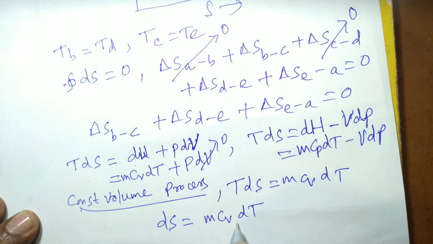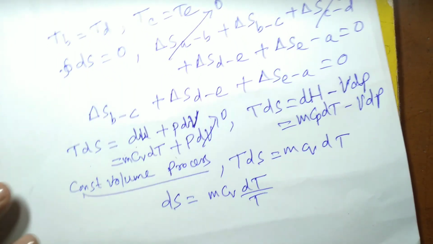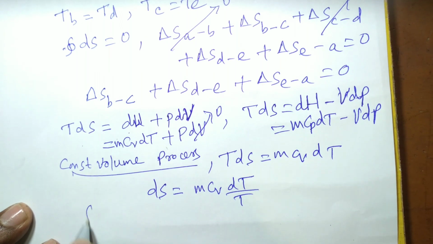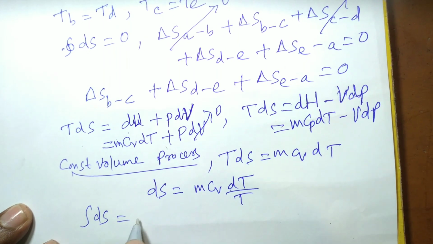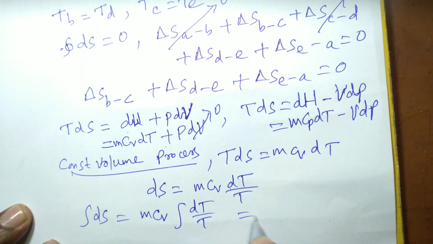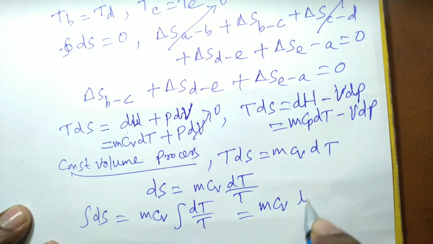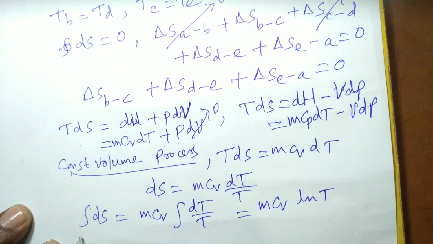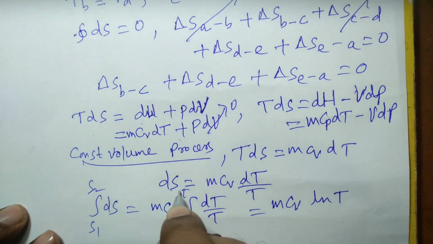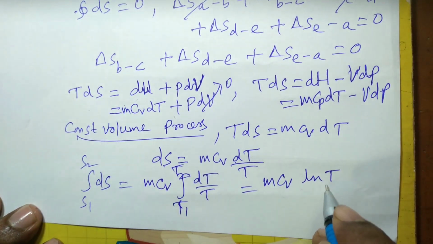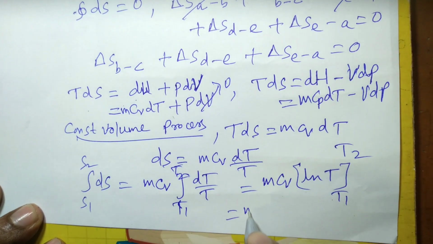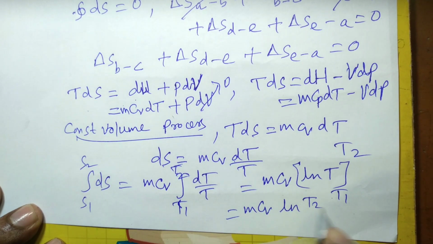mCv dT upon T. So if you want to calculate the change in entropy, that will be integrate dS and integrate the right hand side, that will be mCv dT upon T. This is mCv ln T. If you take the integration limit from T1 to T2, then mCv ln T2 by T1.